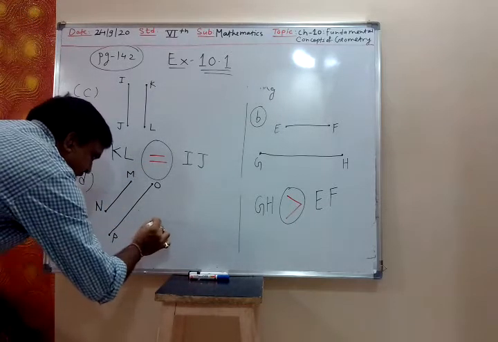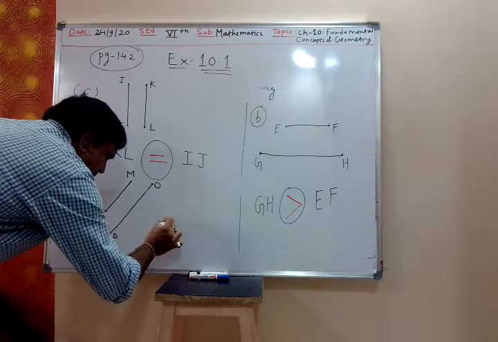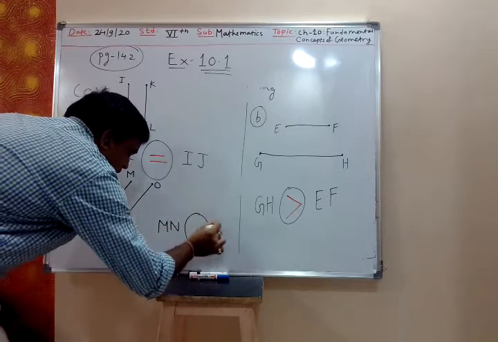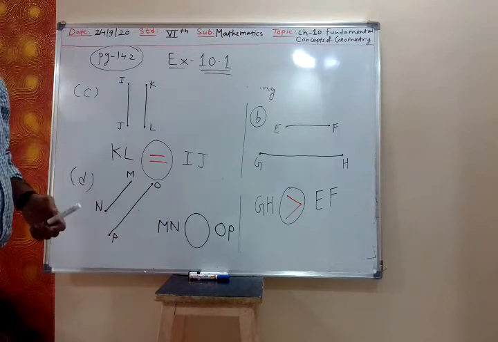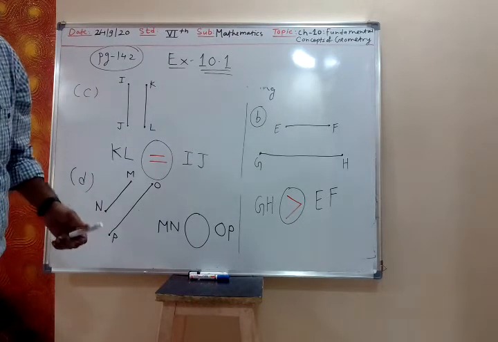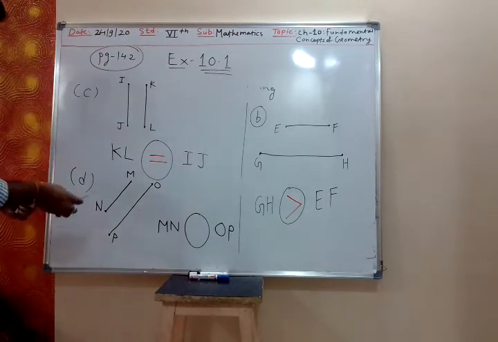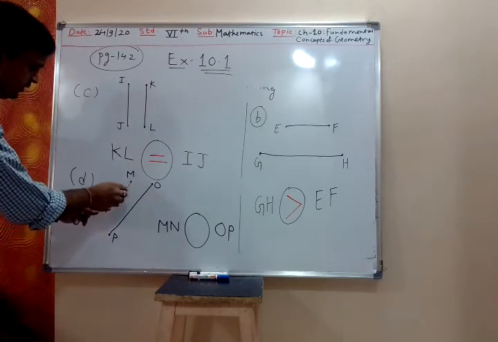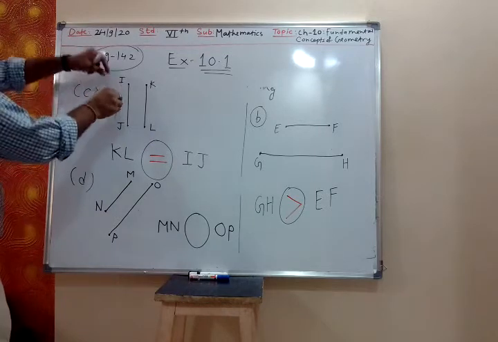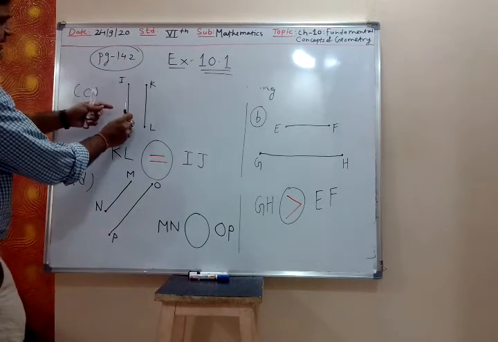Now we have MN, then circle OP. MN and circle OP. Now use the divider, because you can measure the length with the help of the divider.